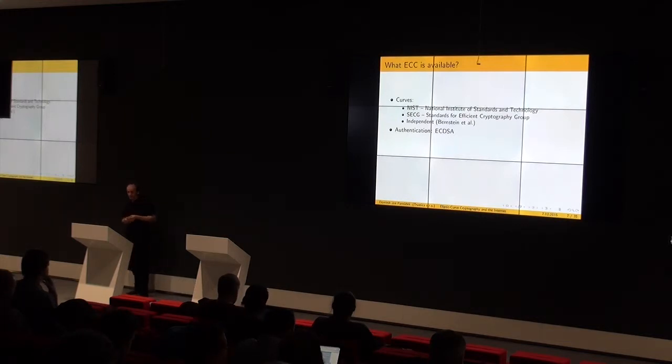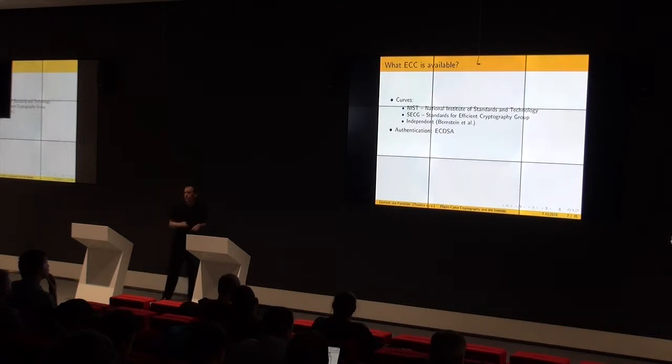It's really nice, but it has the same problems as the plain DSA, which means if you use a nonce twice, you're screwed. And actually, this is the cause of the successful attack on ES3 mentioned, because it was used improperly.